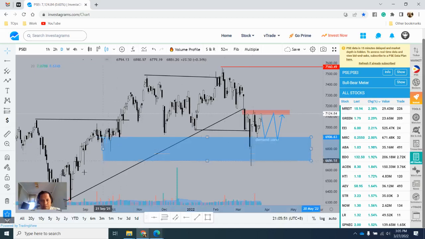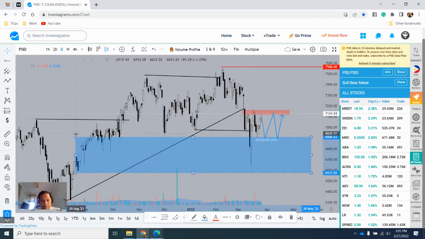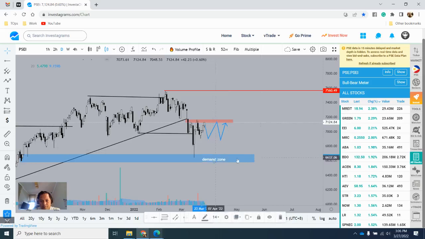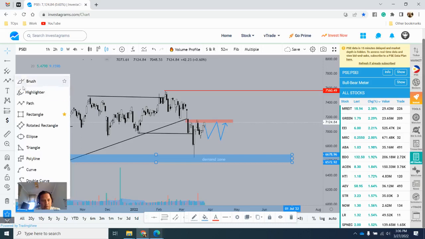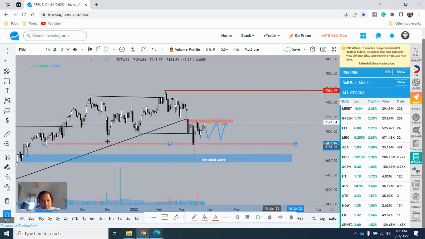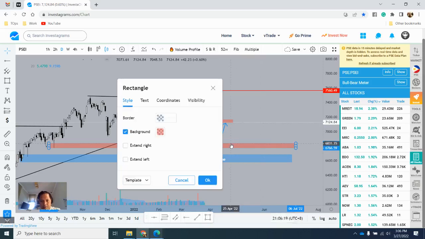So let's refine our levels. Okay, because I see here that there are two levels, we have an order block here. So this is our demand zone, first one, and the next one is the area where price seemed to open here, the low of that, plus this price where the price started to open.